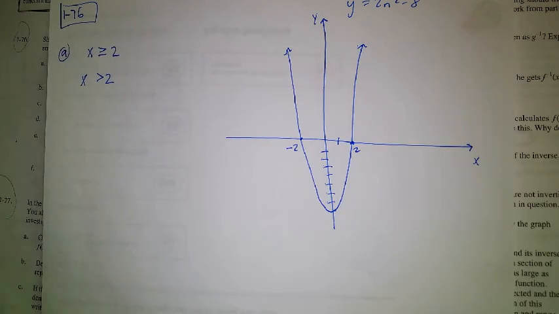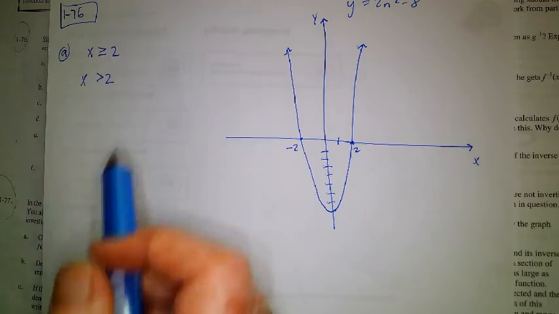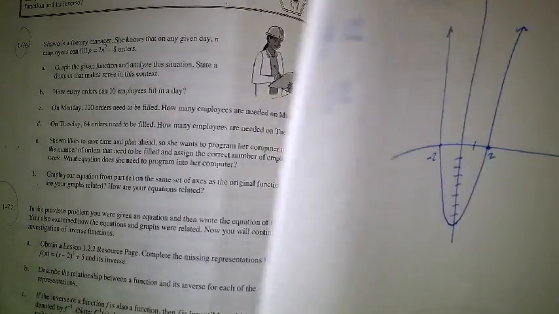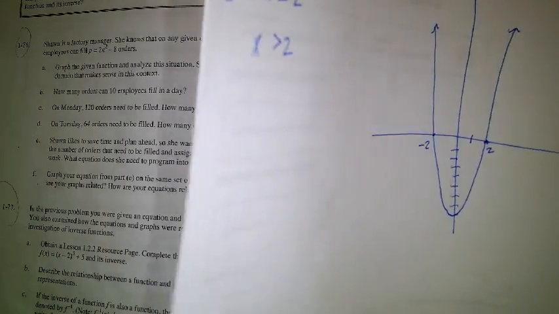Yeah, in the teacher book it said we want at least 2 or 3 employees to fill a minimum number of orders. So this is fine. And then for letter B, it says how many orders can 10 employees fill in a day?